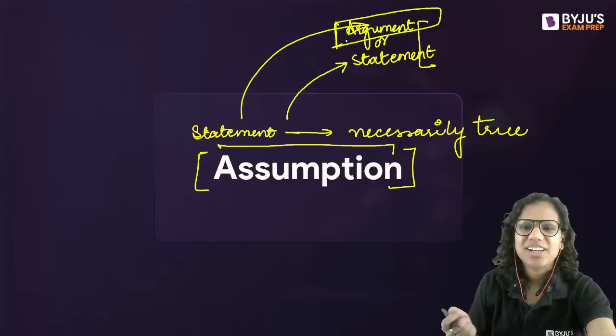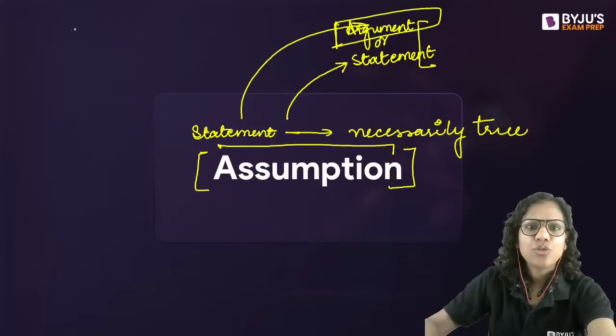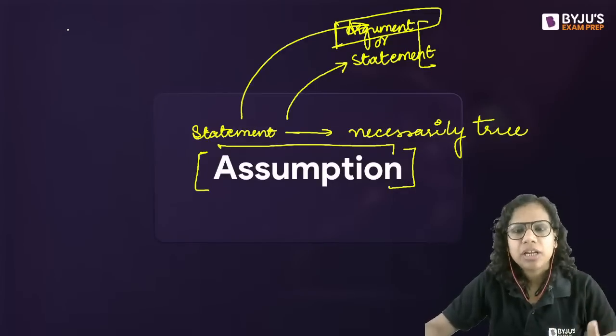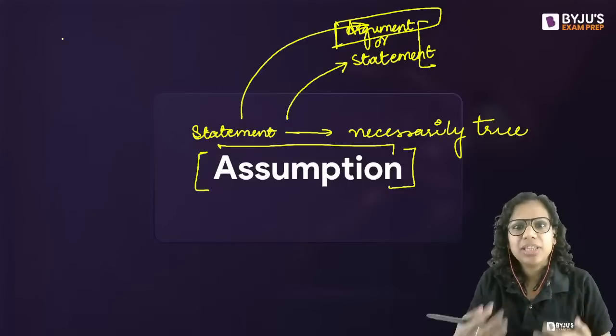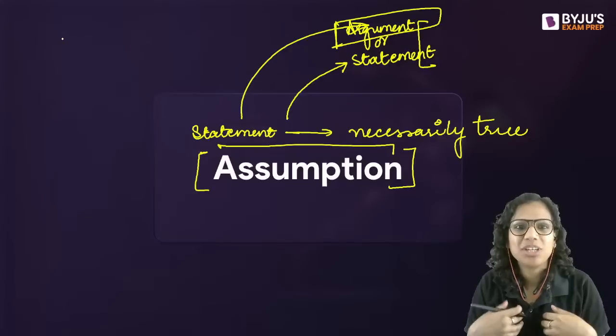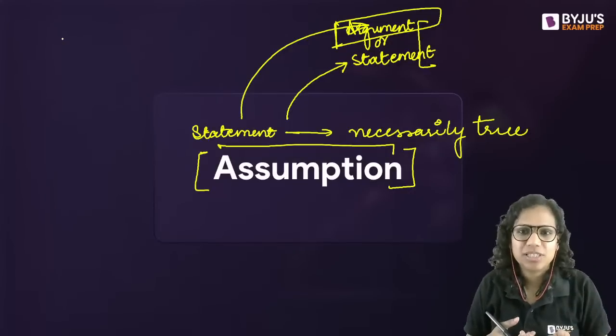Okay. All right. So, I hope this is something that's clear to you. So, for instance, if I ask my sibling to go to the market and buy a chocolate for me, my assumption there is that my sibling can go to the market. That has to be necessarily true for me to instruct my sibling to go to the market and buy vegetables.